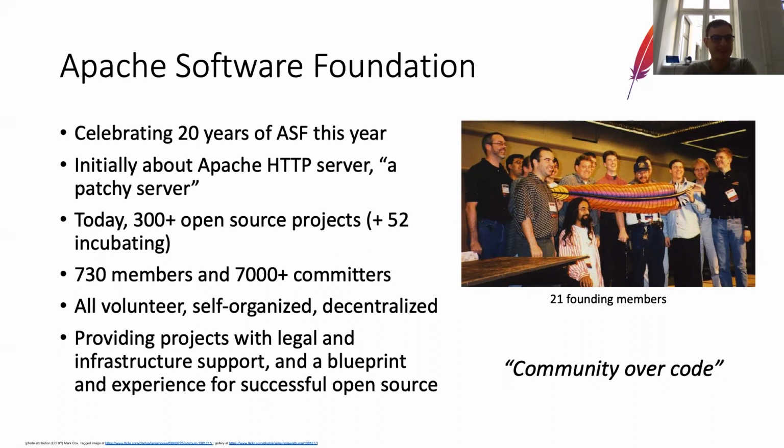And since then, the foundation has grown to over 300 open source projects today, with 52 projects currently being in the incubation phase. The foundation is run by 730 members and over 7,000 committers who work on the various projects.